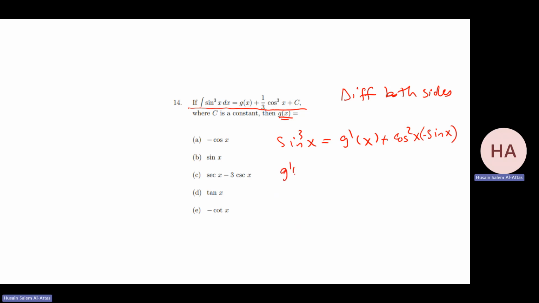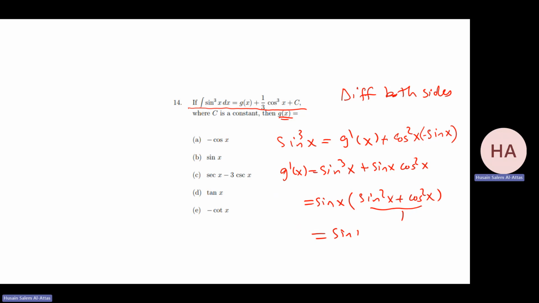So I have g prime of x is sine cubed x. Take it to the other side, plus sine x cosine squared x. Take sine as a common factor, what you will get? Sine squared plus cosine squared, which is 1. So that will be sine x. That is g prime. So it will be g equals minus cosine x. That's okay. So this will be my answer.